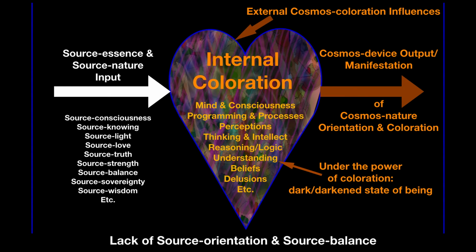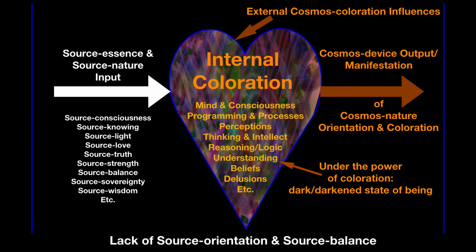We have shown here internal coloration and those external cosmos coloration influences which are combined to create coloration in the experience process, such that even though source essence and source nature are at the input, what we find at the output is of cosmos nature and its orientation and coloration.